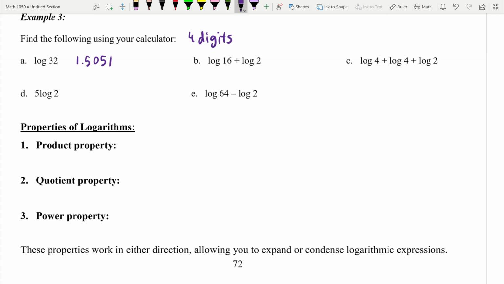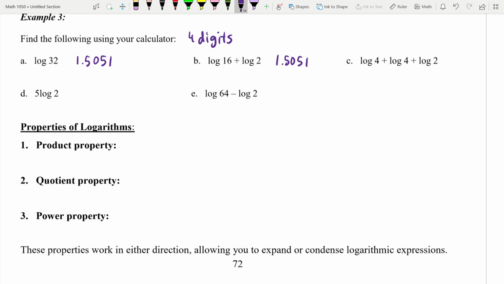Okay, look at question B. Question B looks different. That's all right. Go log 16, close it off, plus log 2, close it off, hit enter. I got exactly the same thing. So those 2 things look totally different, but they're the same. Let's do the next one.